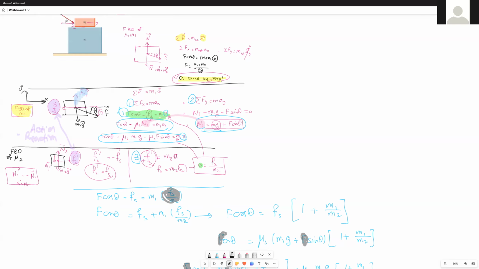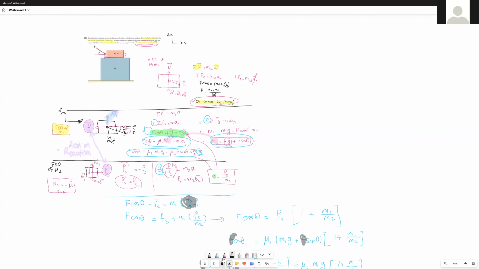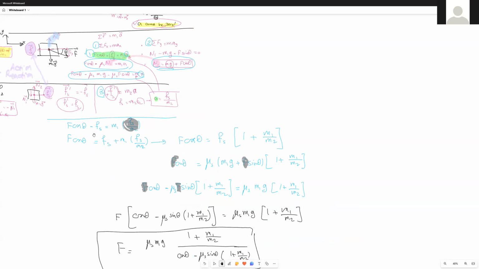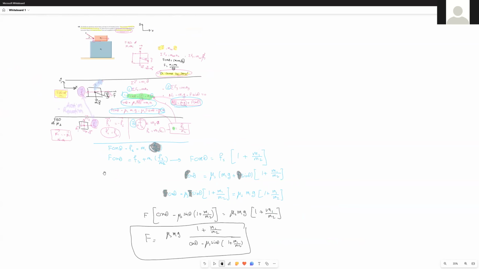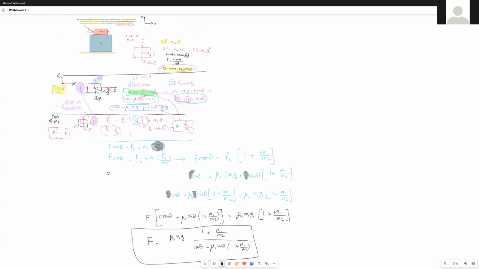Yes, n1 is right. Then I put Fs to this side, factor out Fs, 1 plus m1 divided by m2. Then instead of Fs, I wrote mu s times m1g plus F sine theta. Then I rearranged it for F. Seems like there's no mistake. If you found any mistake, please let me know. But yeah, this is it.